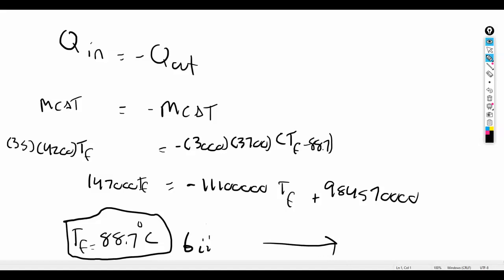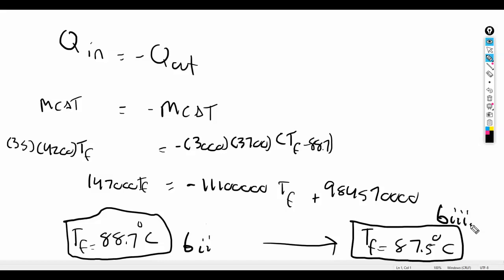Give me just a second, I'm typing this big number into my calculator. So 9845700000, and I get a final temperature of 87.5 degrees Celsius, and that is it for B3.